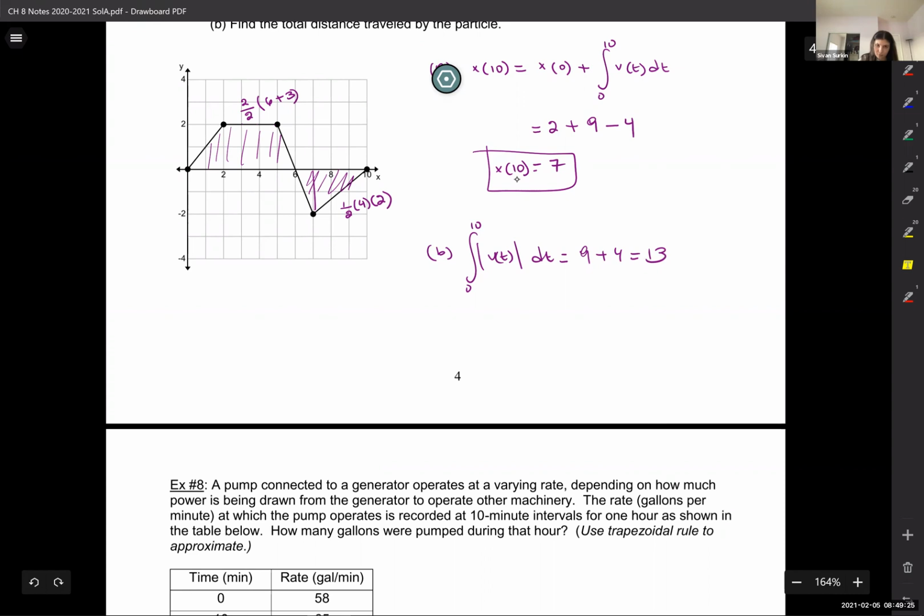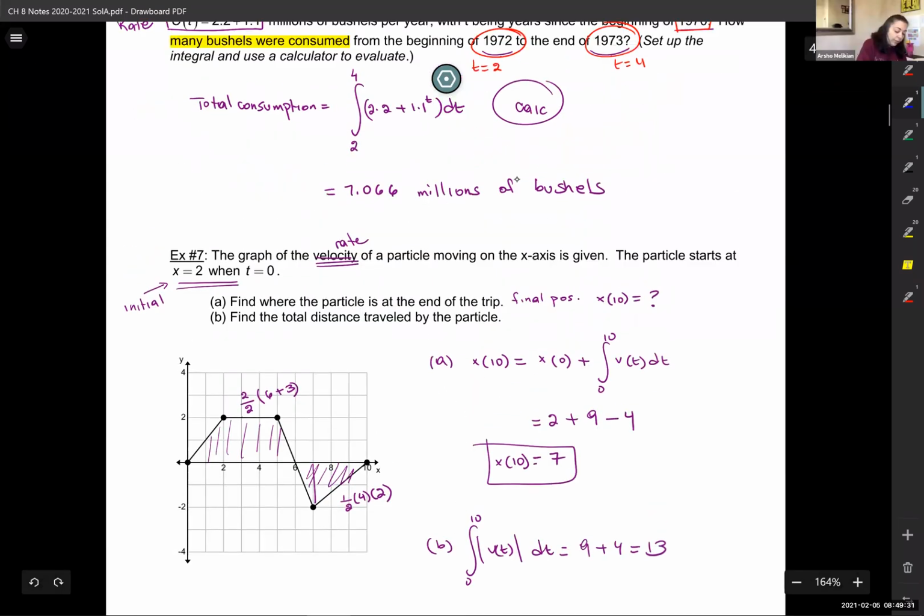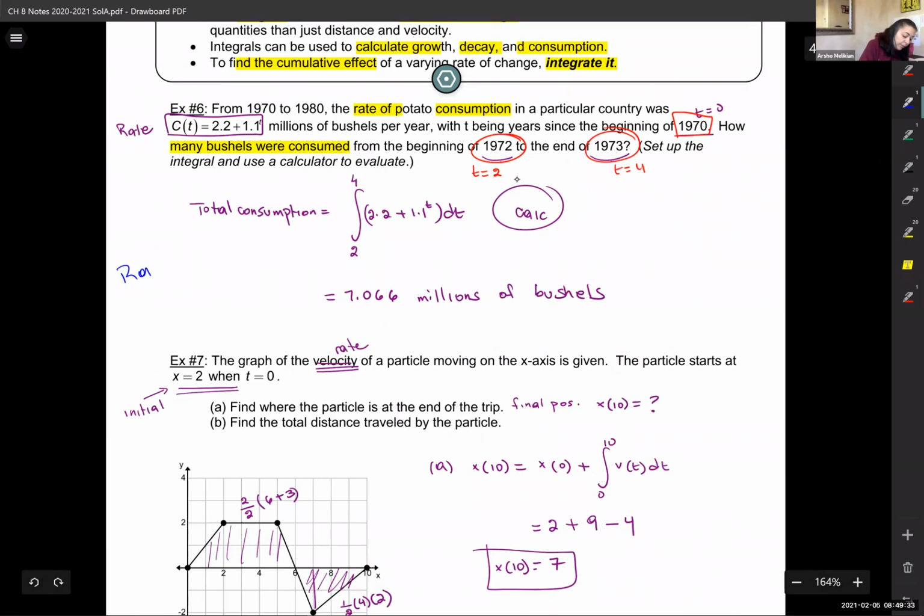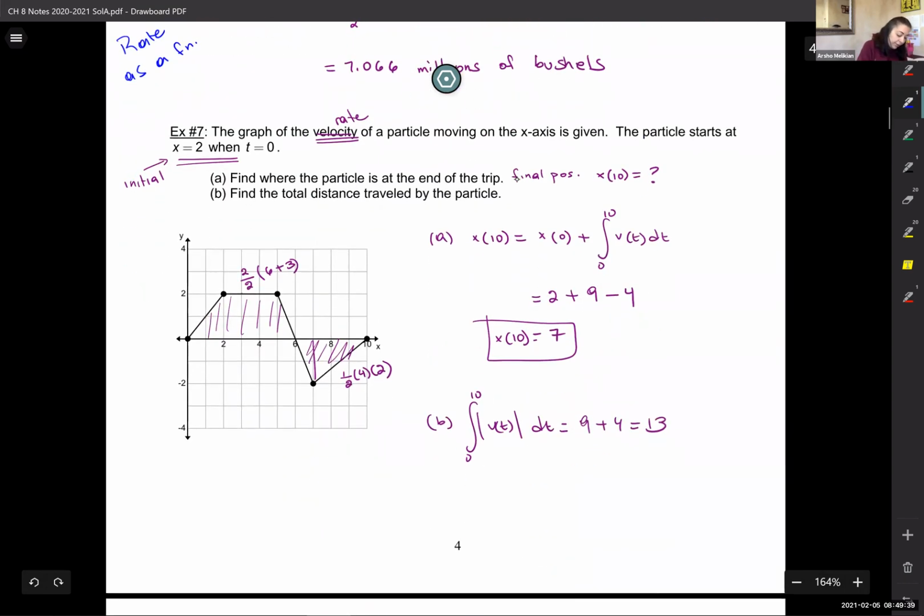Okay. So here, rate was given as a function, and we integrated it, right? Here, rate given as a graph.